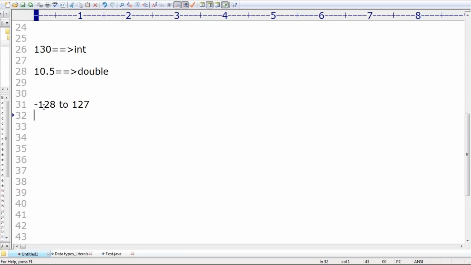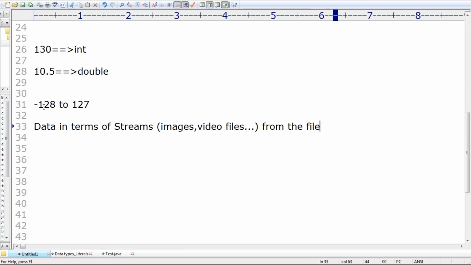Sir, where can we use this byte data type? Highly recommended if you are going to handle data in terms of streams, like images and video files, from a file or over the network. I want to handle data, sir.